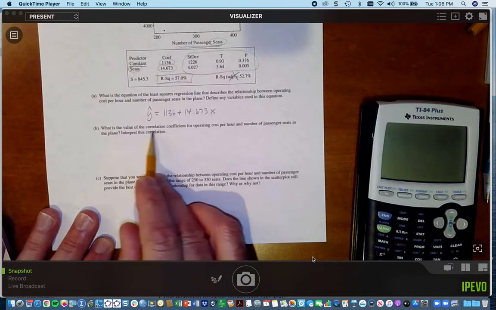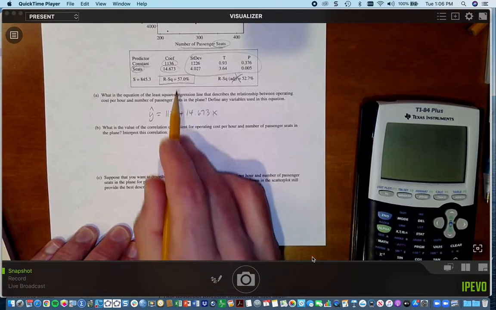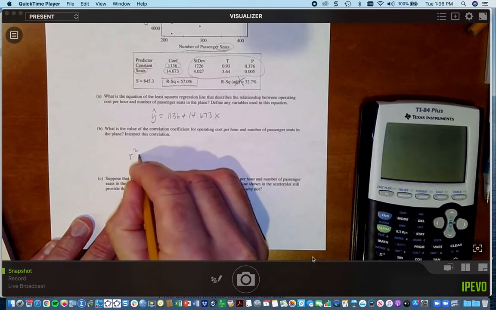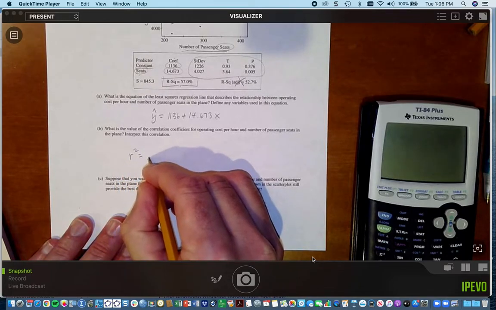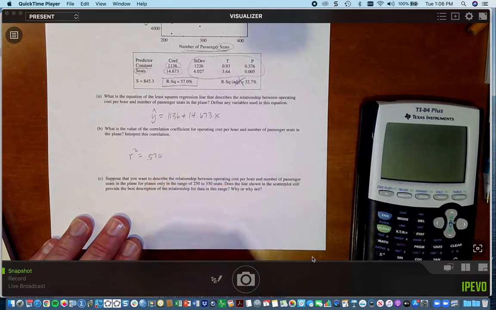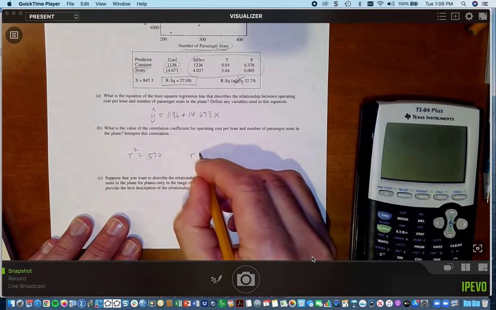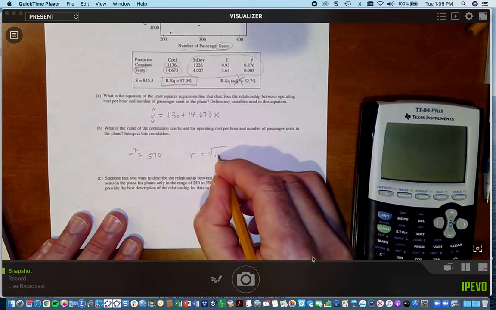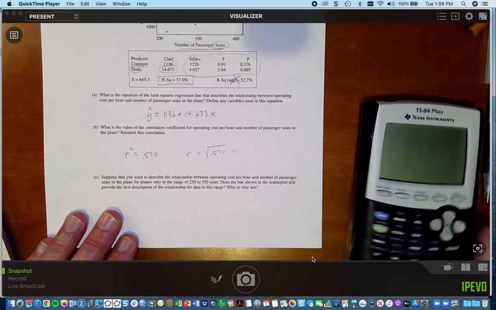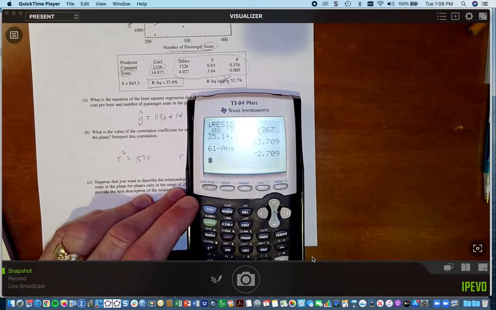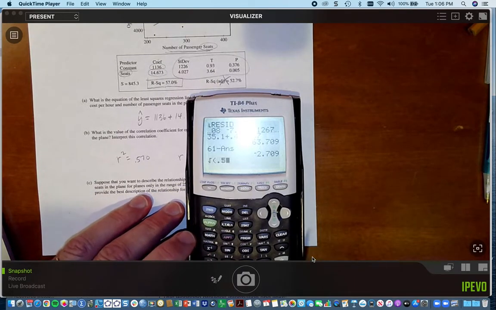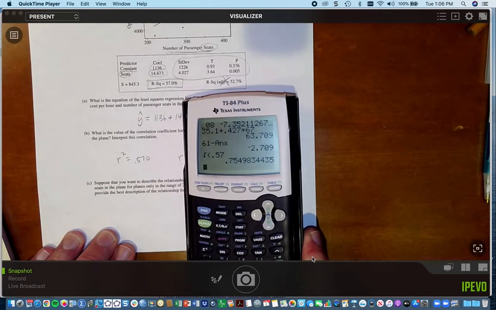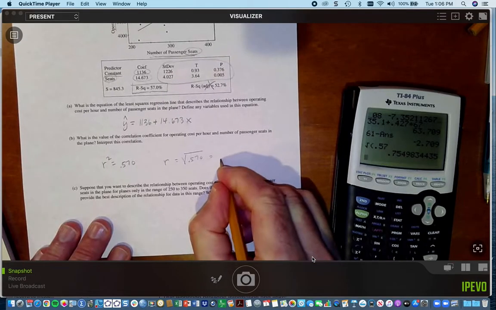Okay, so what is the value of the correlation coefficient? Well, if you recognize that r squared is 0.570, then to get r, you're going to take the square root of 0.57, and that is 0.755.